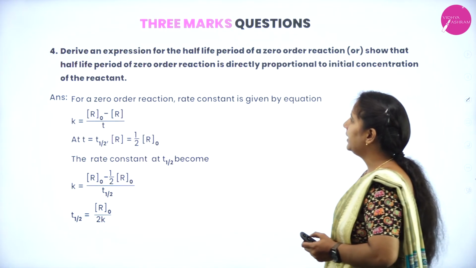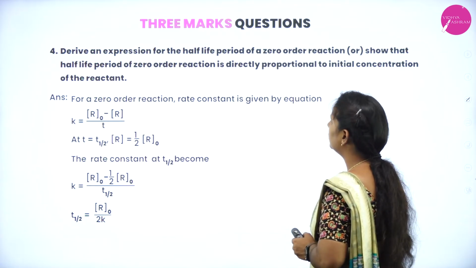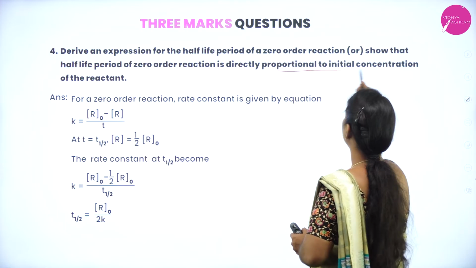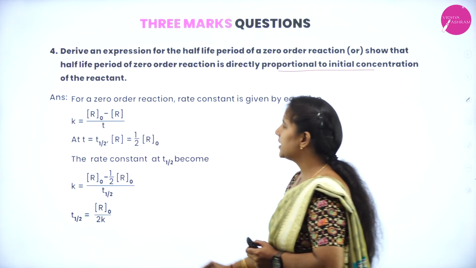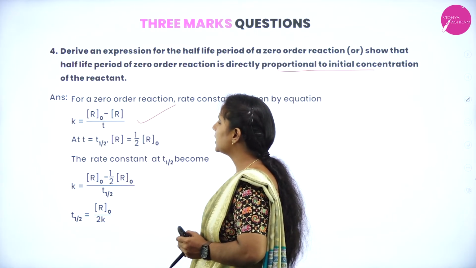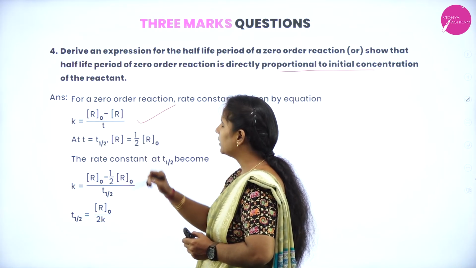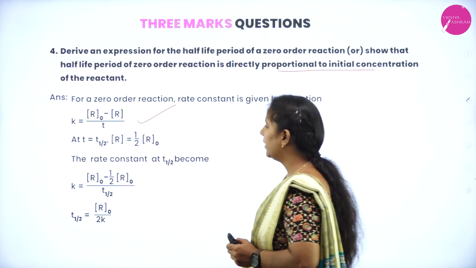Next, derive an expression for the half-life period for the zero order reaction, or show that the half-life period for the zero order reaction is directly proportional to the initial concentration of the reactant. First, write the integrated rate equation for the zero order: K is equal to R0 minus R divided by t, where t is t half and the concentration R will be equal to R0 by 2.